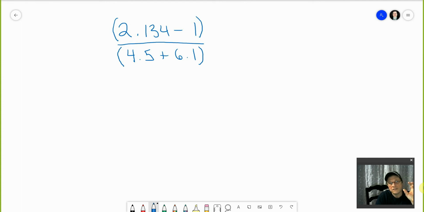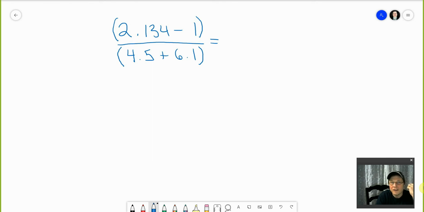Because what this does is it goes back to what it is that we're trying to solve. When we're trying to solve a fraction, we want to know how much is this of this. That's the logic, right? Go back to pies.